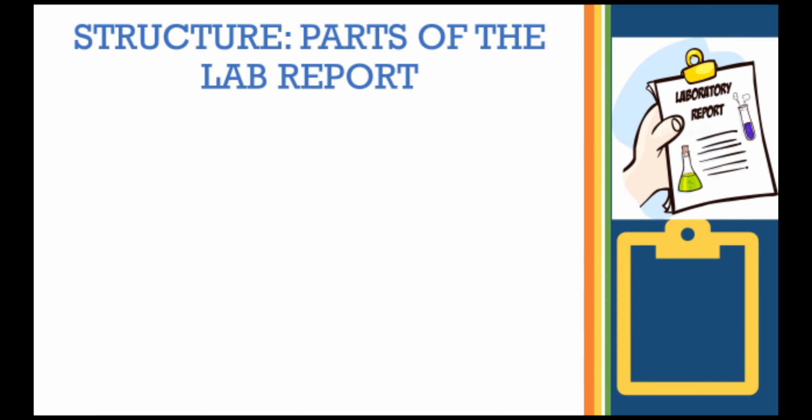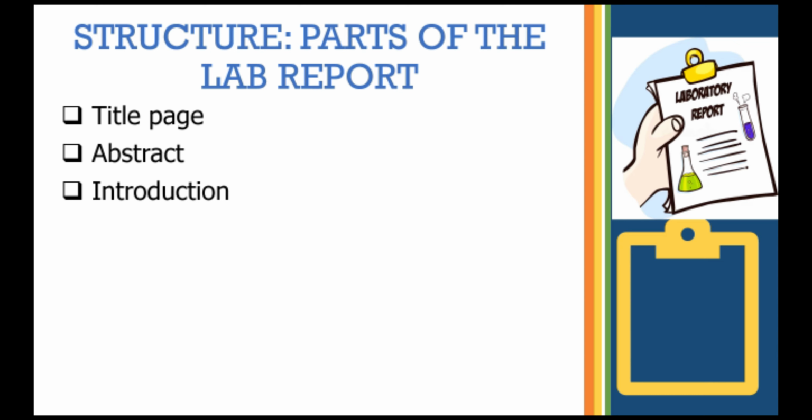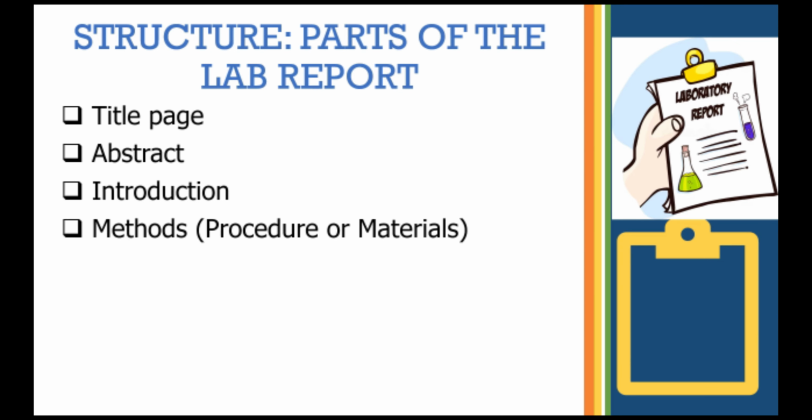And we are now in the structure or parts of a laboratory report. First we have the title page, abstract, introduction, methods. In methods, we have two types, the procedure and the materials.